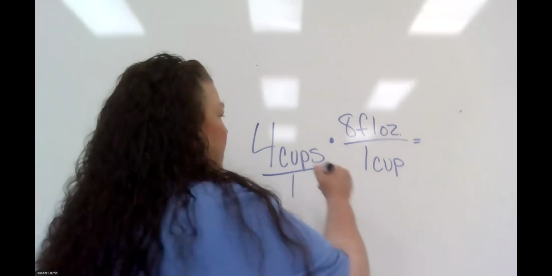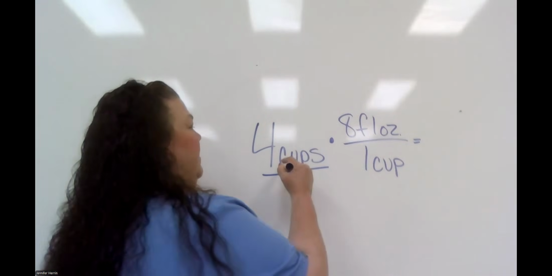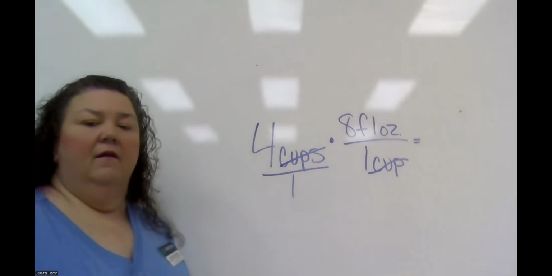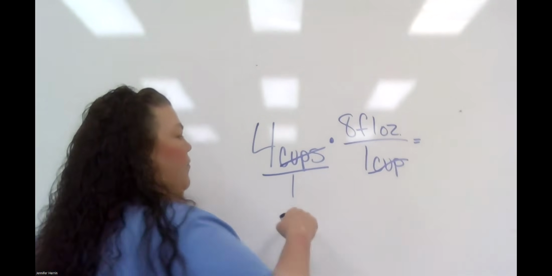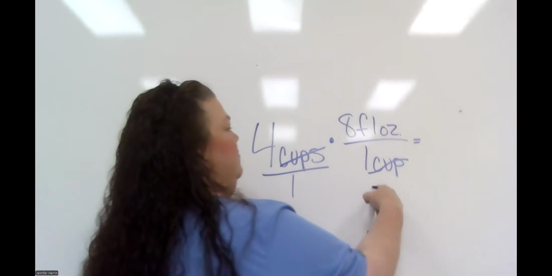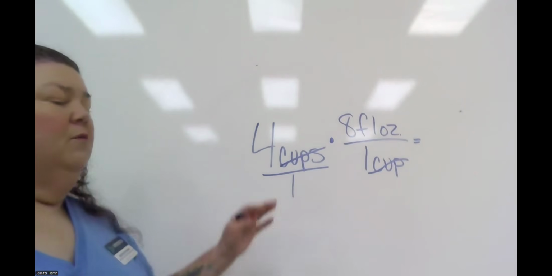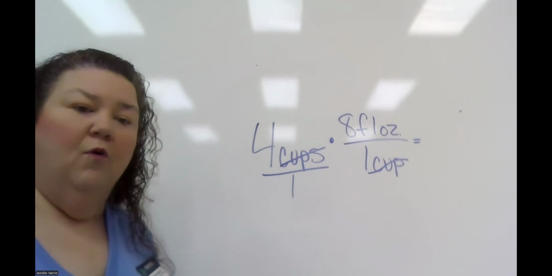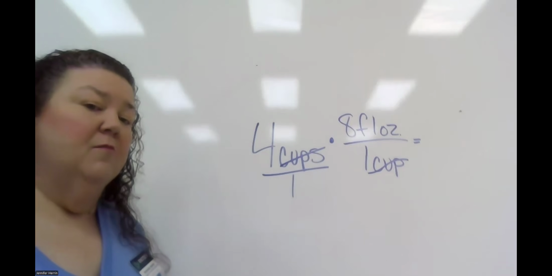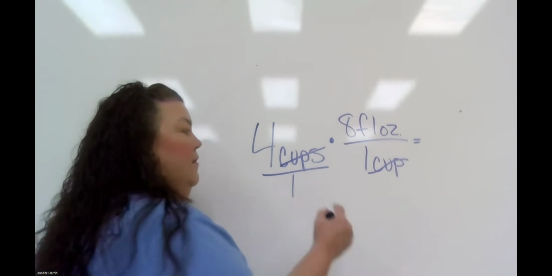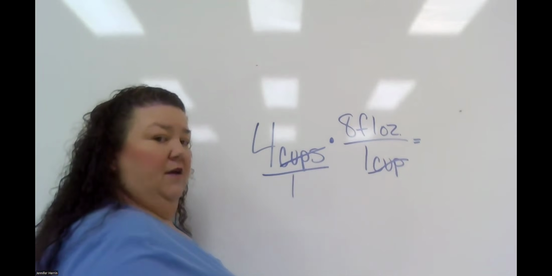Also notice my cups and my cup are offset because I can lose like units if they're diagonal like that, right? And when we multiply 1 times 1 for our denominator or bottom number on our fraction, we already know it's going to give us an answer over 1. And what did I just say about numbers that were over 1? They are understood to be the whole number. So I don't even have to worry about this bottom section.